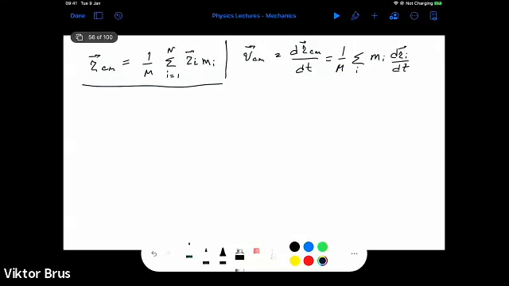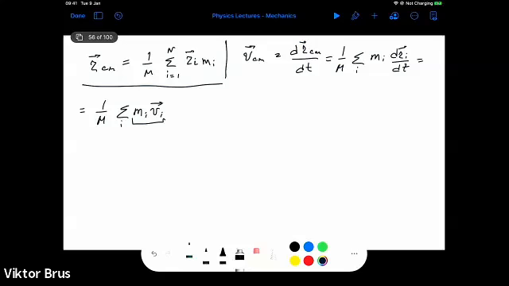So we need to take derivatives for positions, radius vectors for each of the bodies and sum it up. And this is equal to 1 over m, sum over i, mi vi.